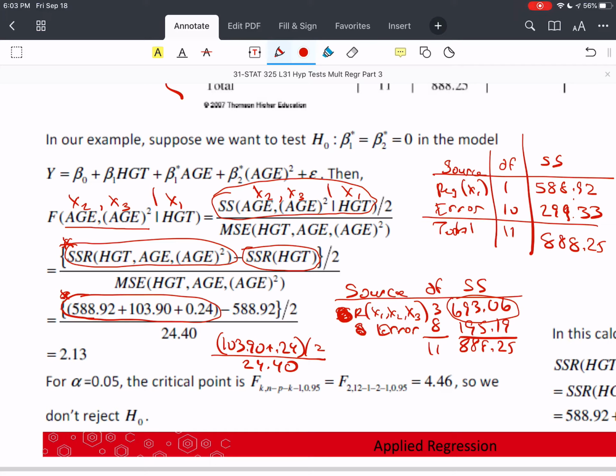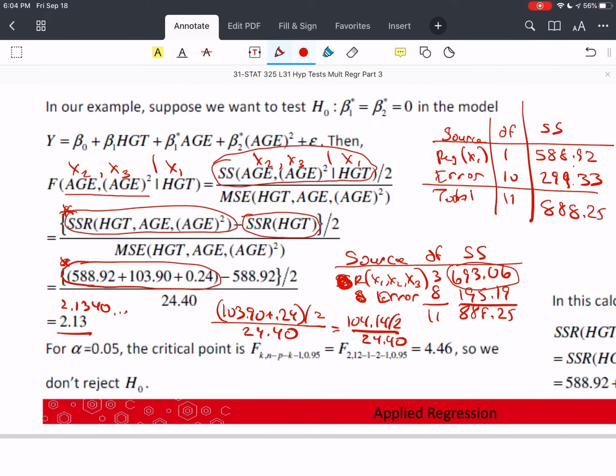When I do this, 103.9 plus 0.24 is 104.14 divided by 2 over 24.4. And so divided by 2 and then divided by 24.4, and I get 2.134, etc. Okay? And so we can round to 2.13.